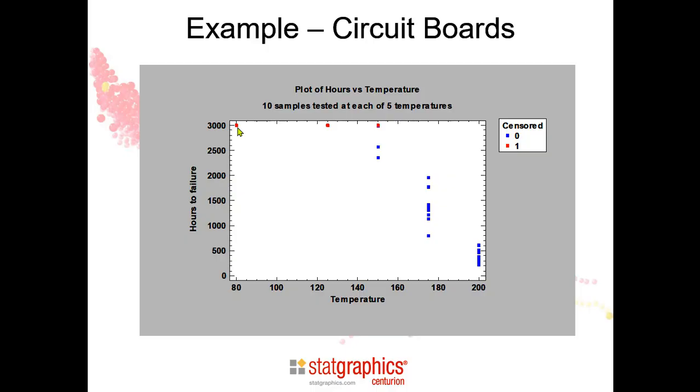They were all censored. The same was true at 125 degrees. At 150 degrees, there were 3 actual failures and 7 censored values. On the other hand, at 175 degrees and 200 degrees, all the boards failed.